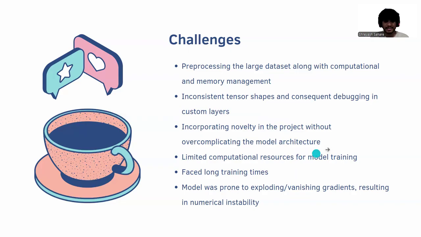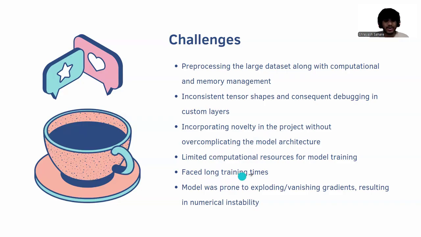Also, I faced limited computational resources for model training. So I evaluated multiple approaches before finalizing a design, such as the number of layers in Bi-LSTM and the number of layers in LSTM, to improve the performance without unnecessary complexity and increased computational load.